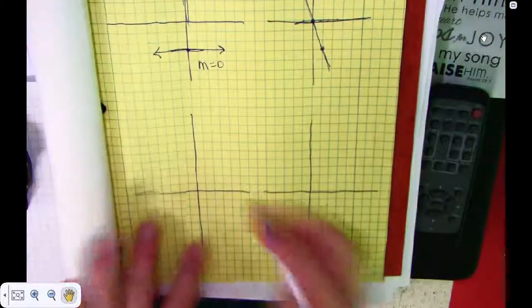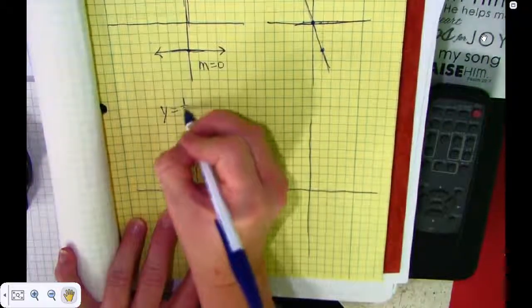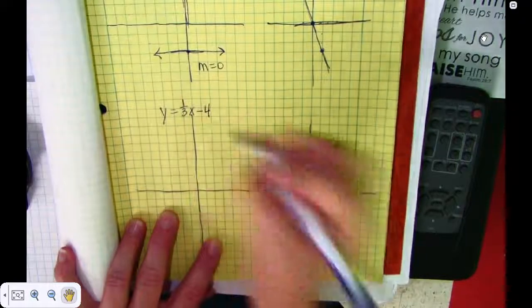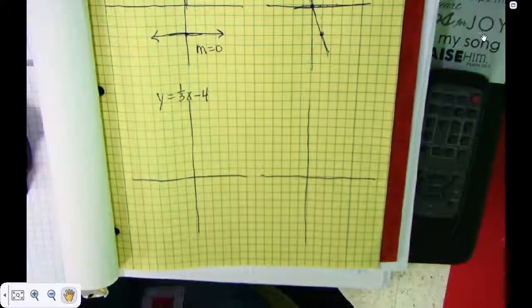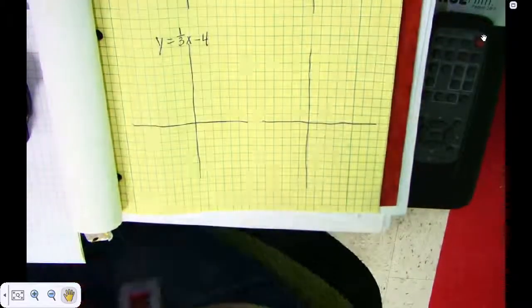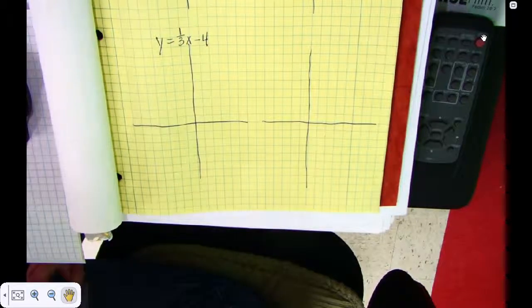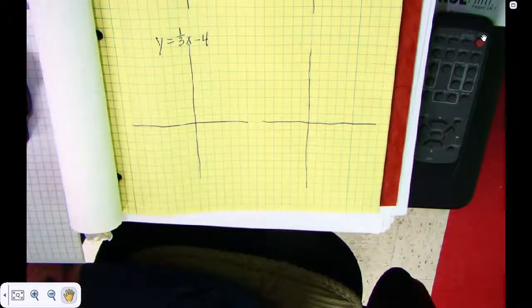Yes. All right. Now, look at this one. Y equals 1/3 x minus 4. Okay. Before I ever start, what do I know about my line?